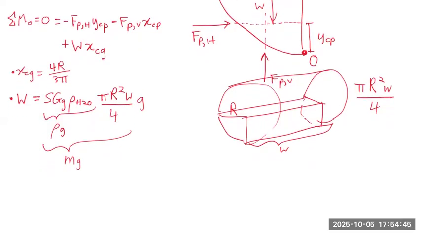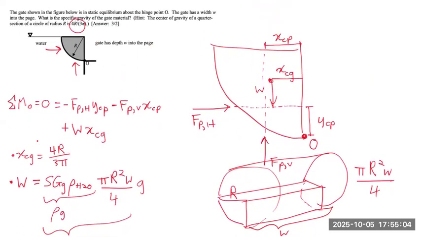Now we want to find the pressure force, the horizontal component of the pressure force. And the horizontal component of the pressure force, what is the magnitude going to be?